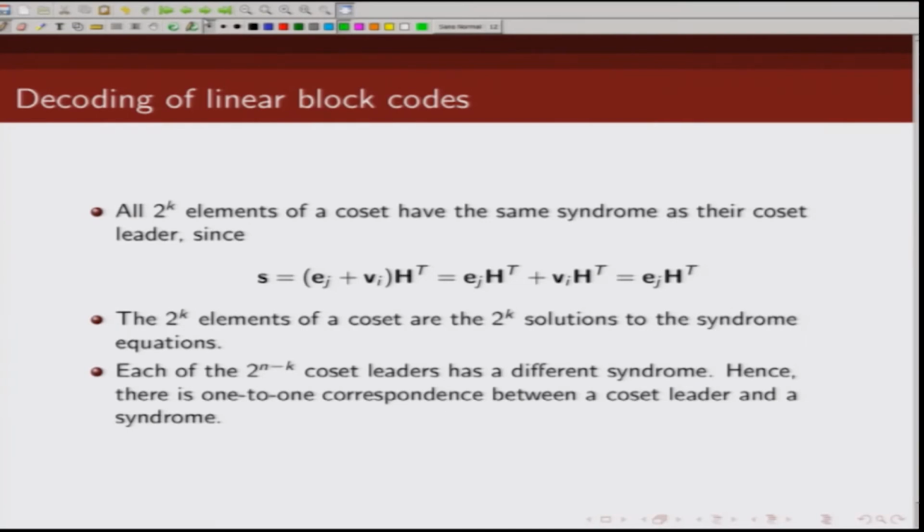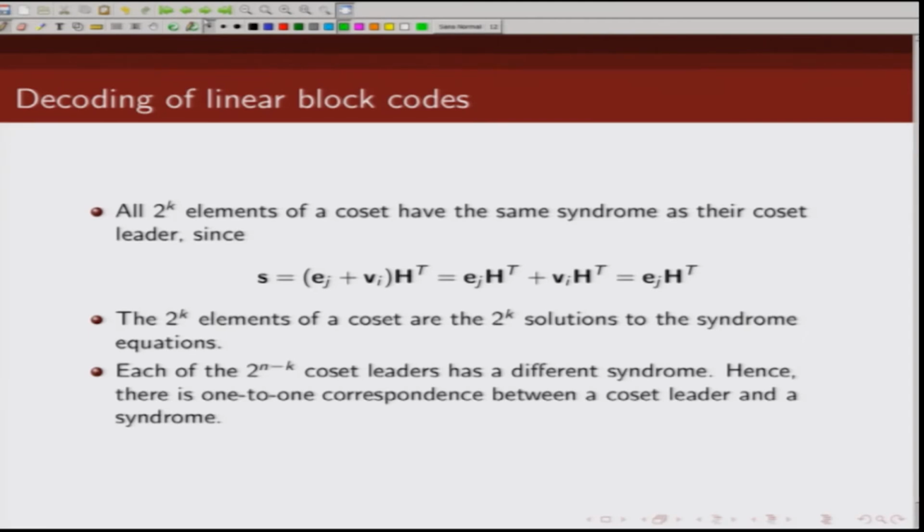So, these 2 raised to k elements are exactly the solutions of your syndrome equations, because these elements of a row or a coset all have the same syndrome and they correspond to the 2 raised to k solutions of the syndrome equations. So, the elements of a coset are actually the solutions of your syndrome equation.